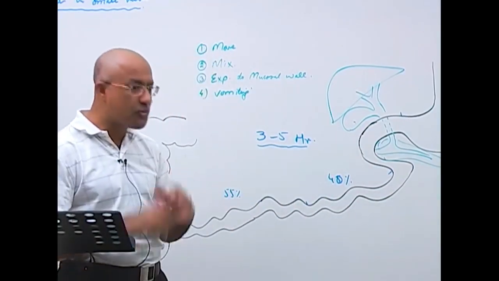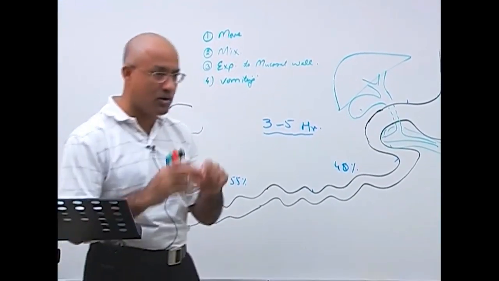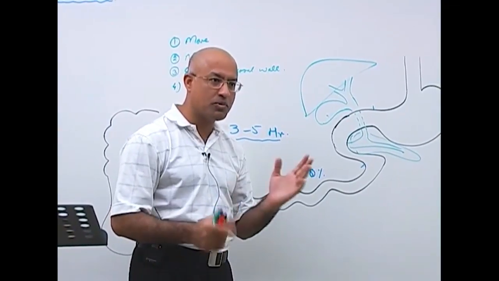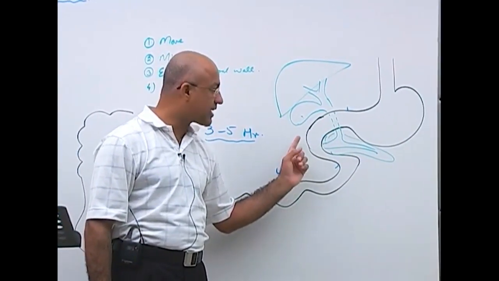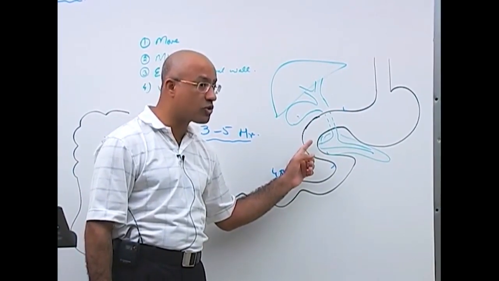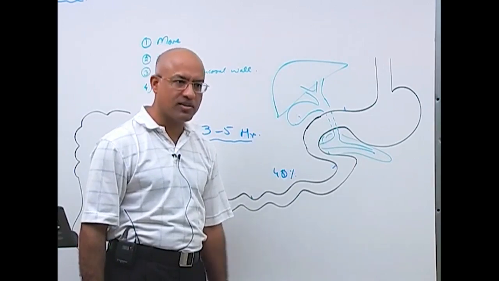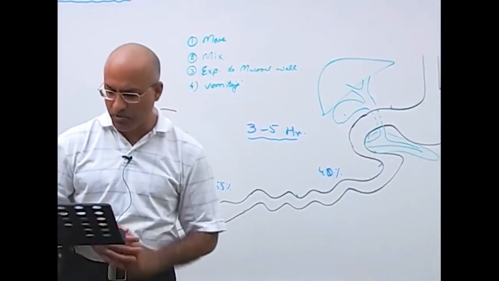And the nutrient which can slow down the movement of the small intestine the most is fat. You must remember that when fat reaches the duodenum, it activates the release of cholecystokinin, and cholecystokinin can modulate small intestinal and gastric movement. Am I clear? Any question up to this?